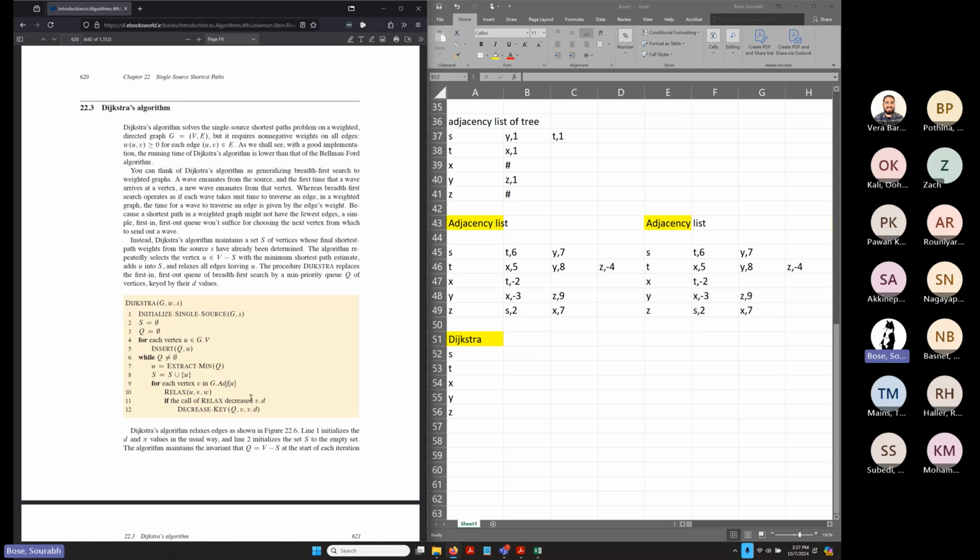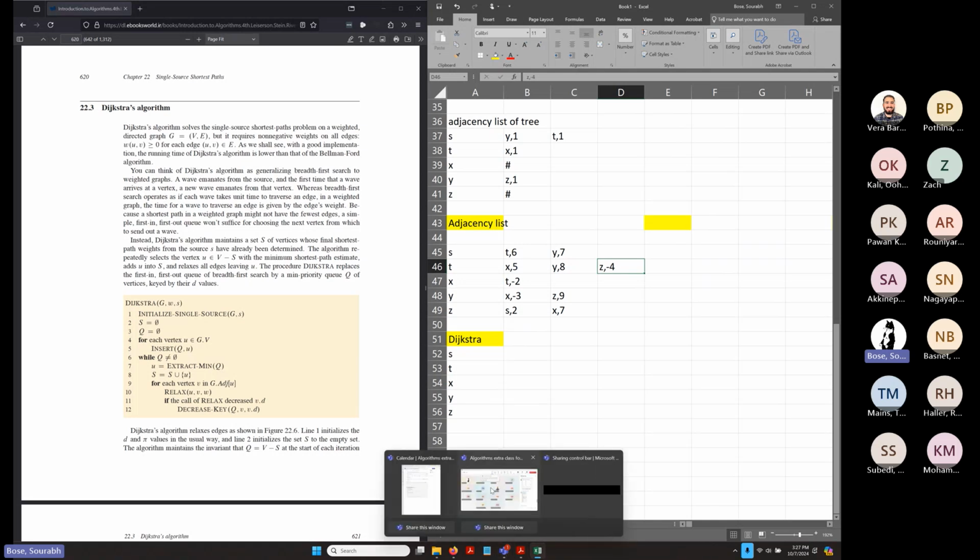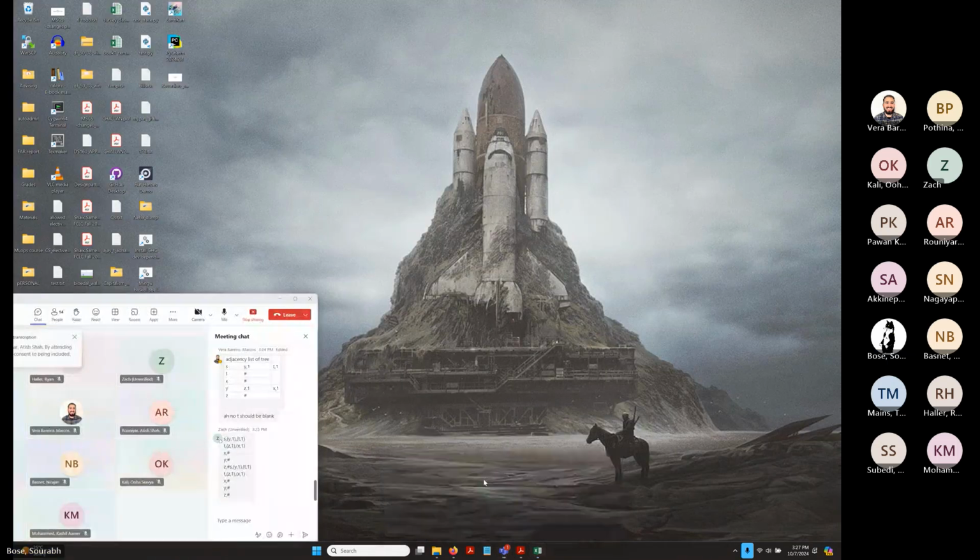So let us do that. One thing I'm going to change is, since Dijkstra does not like negative weights, I'm going to change these weights to positive weights.